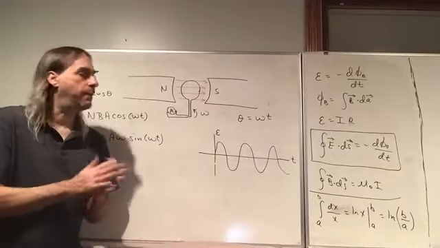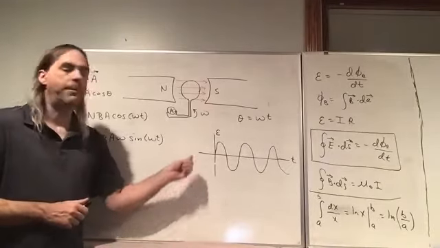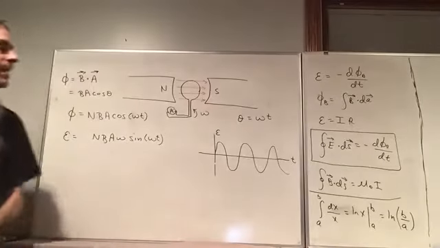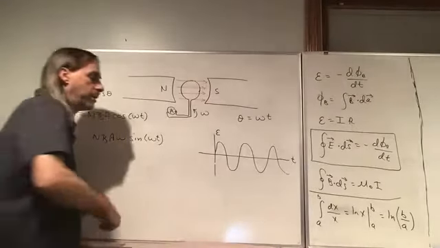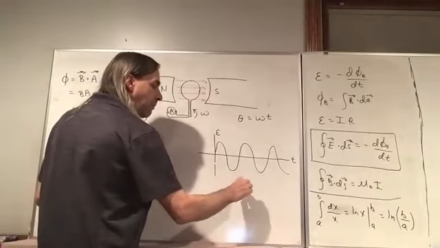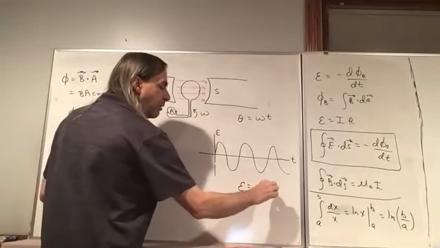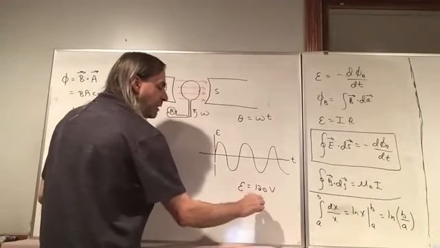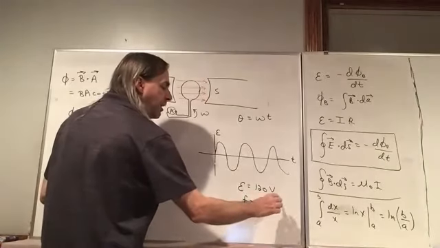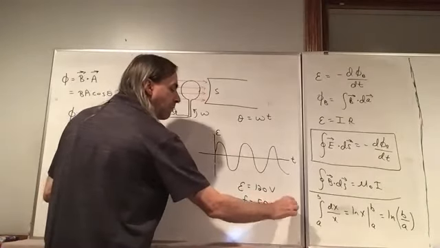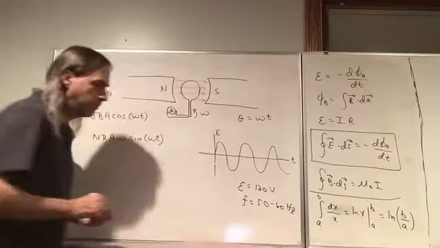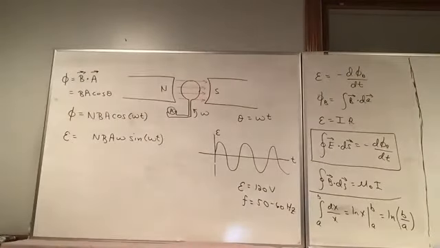Like in the US, if you plug something into an outlet, you're typically getting 120 volts. And I think it's at a frequency of either 50 or 60 hertz. I don't remember the exact value.